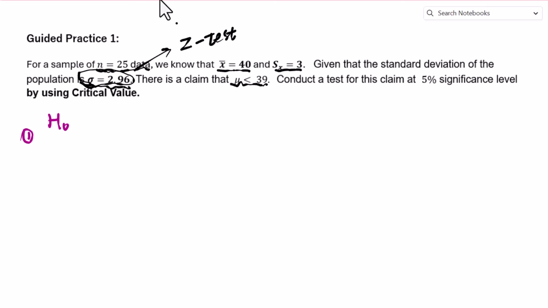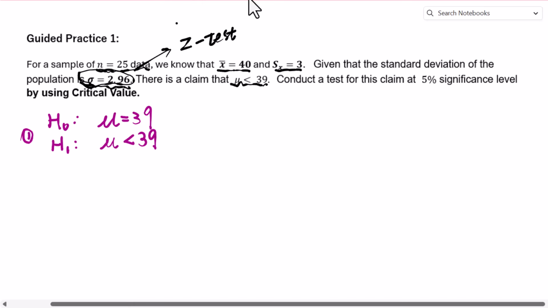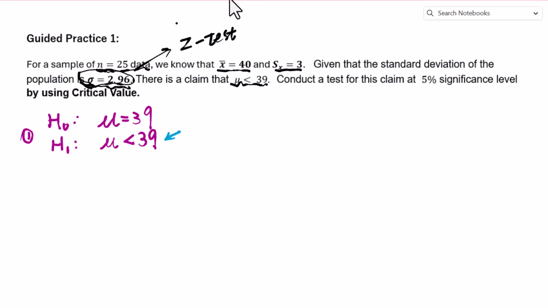First step, H0, H1. Always remember H0 is dealing with the equal sign, so mu equals 39. H1, mu less than 39. From mu less than 39, we know this is a left tail test. We can draw the diagram like this.